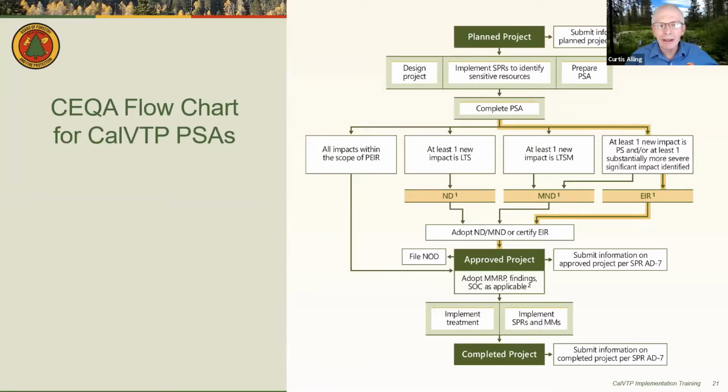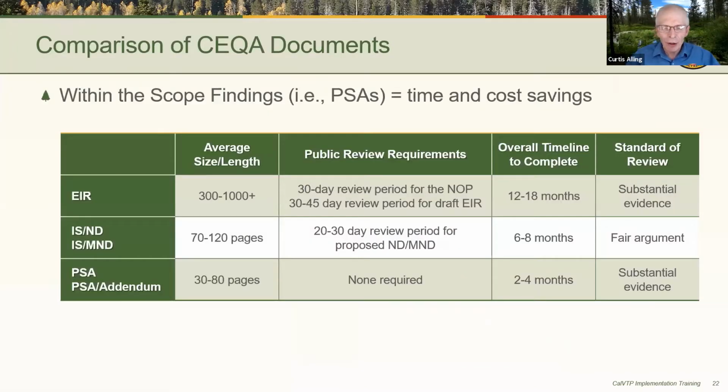This next slide shows a comparison of some length and time data about different kinds of environmental documents that illustrate the streamlining value of the PSA or the addendum. As you know, an EIR is most complicated, most time-consuming, can be 1,000 pages or over, and requires typically a 45-day review period for most draft EIRs.